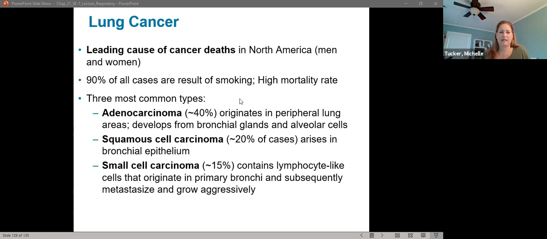There are 3 common types. You do not need to know for the exam the different types of lung cancer, but they kind of fall into 2 categories. Small cell carcinoma stays in the mediastinum, and these are nodules. The nodules grow quickly and metastasize quickly as well.